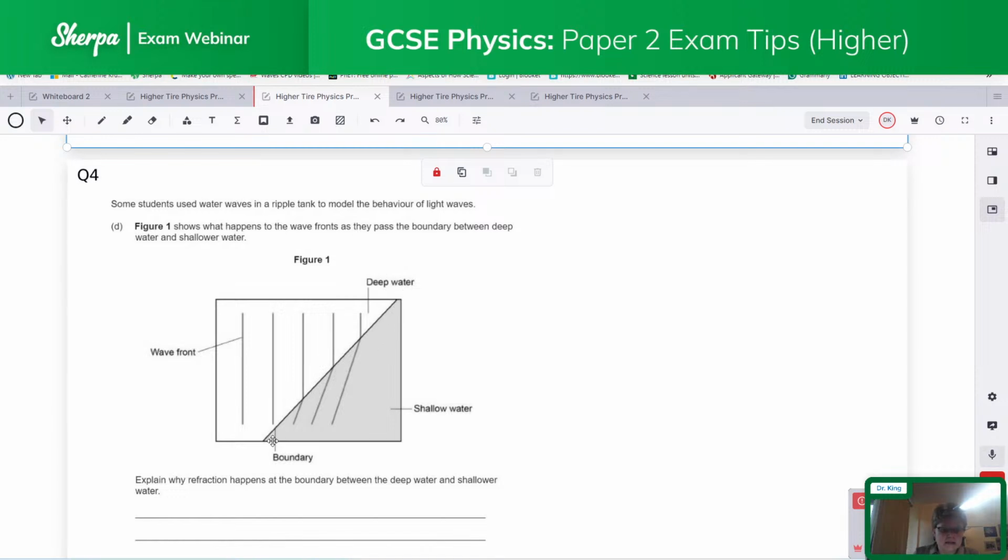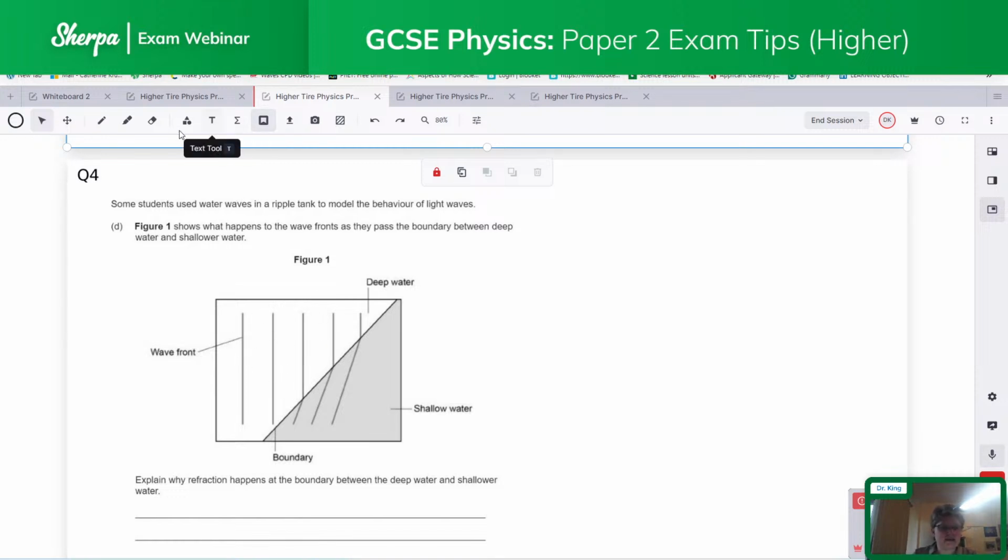So that line is the wave front, the first line, as they pass the boundary between deep water and shallow water. Gray is shallow water, and white is deep water.